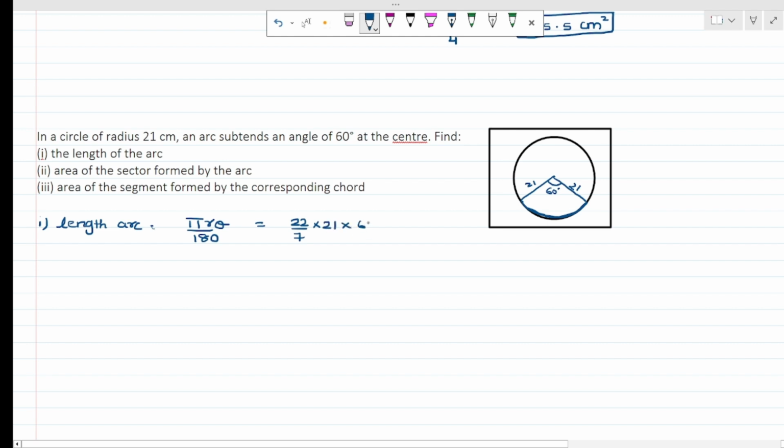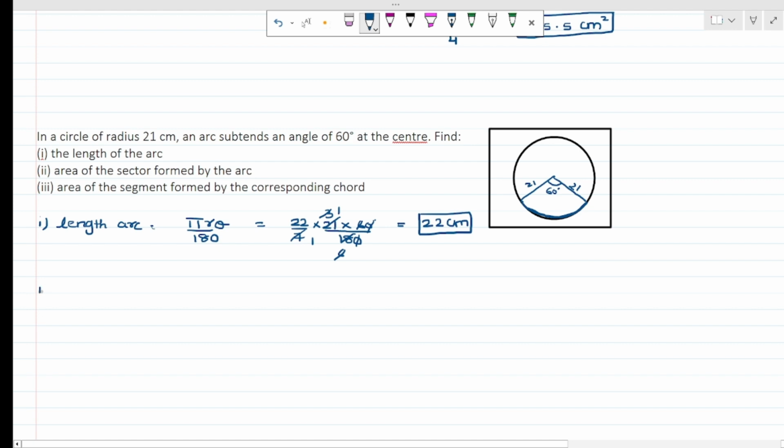Your theta is 60 degree upon 180 degrees. This 0 and this 0 getting cancelled. 7 ones are 7, 7 threes are 21, 3 ones are 3, 3 6s are 18. This 6 and this 6 is getting cancelled. So what are you left with? So you are getting only 22. So write down over here 22 centimeter. Okay, this is your answer for length of the arc.